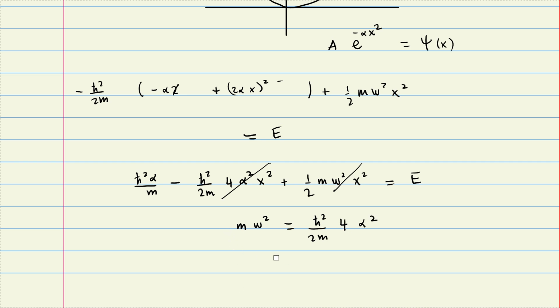So I cancel these, and I'm trying to choose alpha, so this is m squared omega squared divided by h bar squared, and this is 4. Then my alpha is just, take the root, this is m omega over 2 h bar, right? And let me write alpha on the other side.